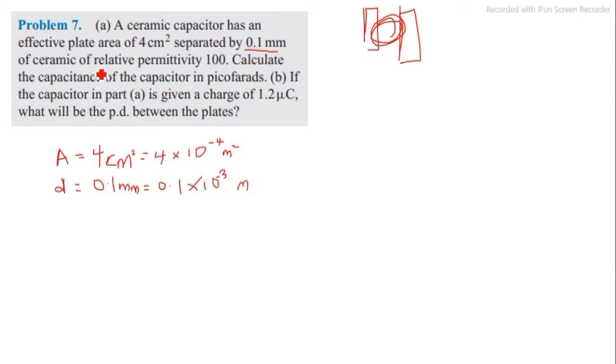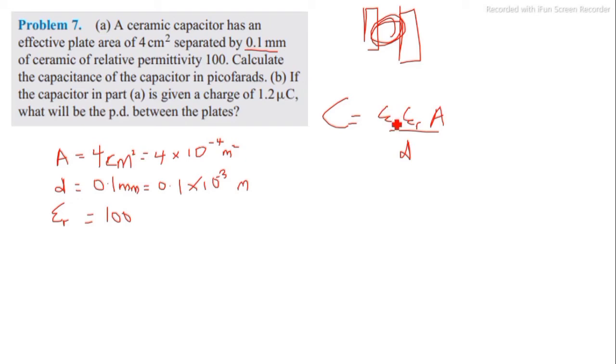And you're given the relative permittivity to be 100. That means your epsilon R, relative permittivity, is 100. Calculate the capacitance of the capacitor in picofarad. So your capacitance is given as epsilon naught, epsilon R, A over D. What's epsilon naught?